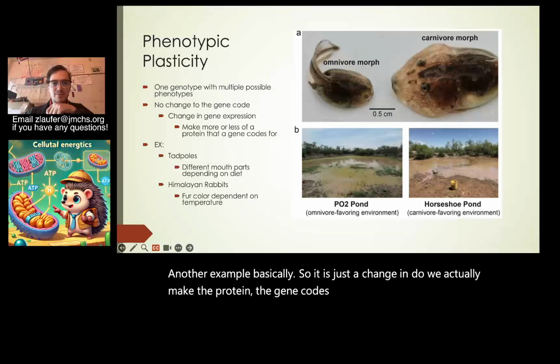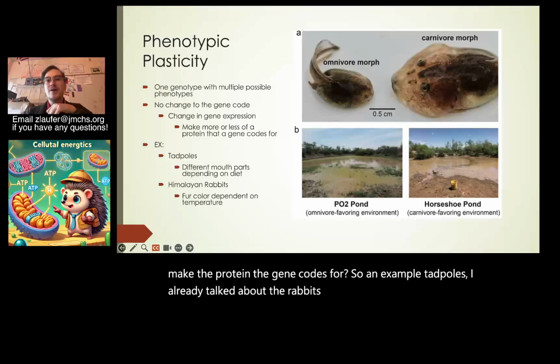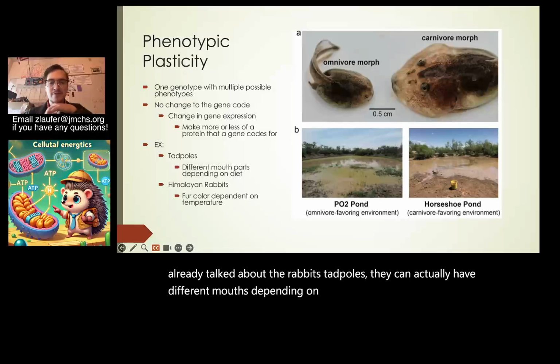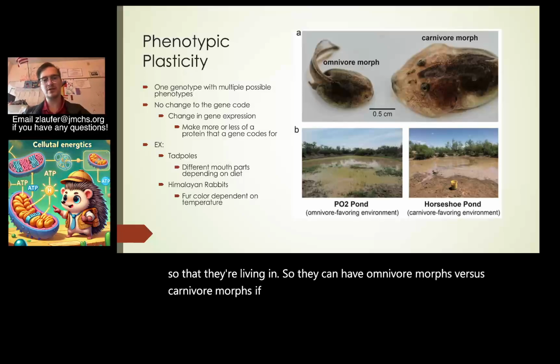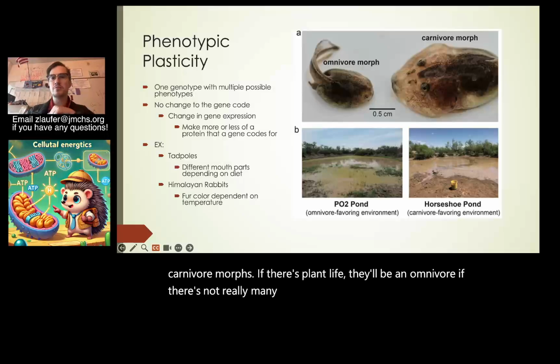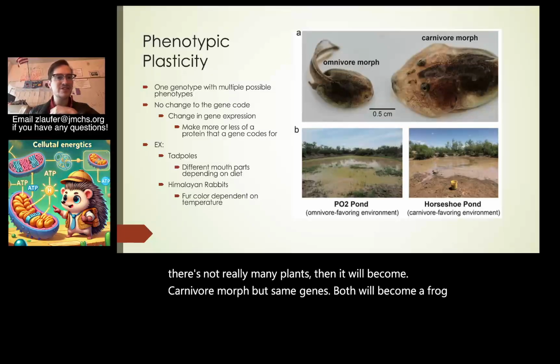An example is tadpoles. I already talked about the rabbits. Tadpoles can actually have different mouths depending on what food is present in the ponds that they're living in. So they can have omnivore morphs versus carnivore morphs. If there's plant life, they'll be an omnivore. If there's not really many plants, then it will become a carnivore morph. But same genes, and both will become a frog that you wouldn't be able to tell apart.